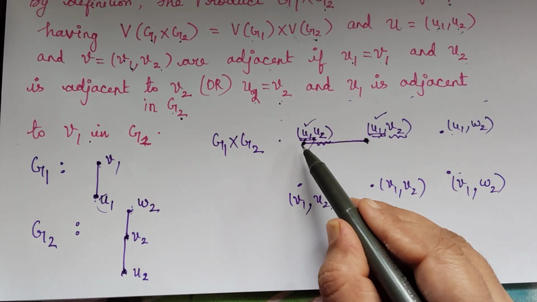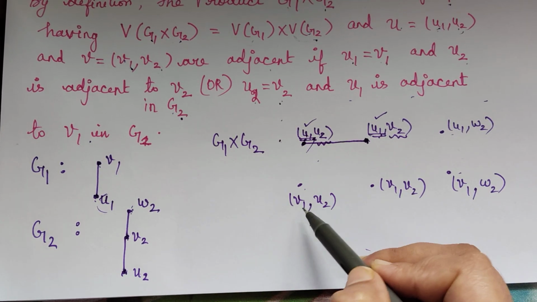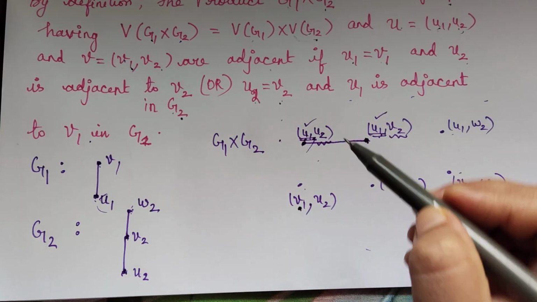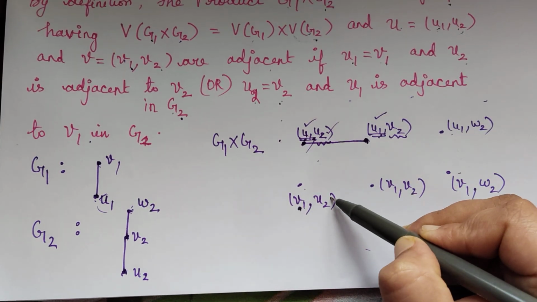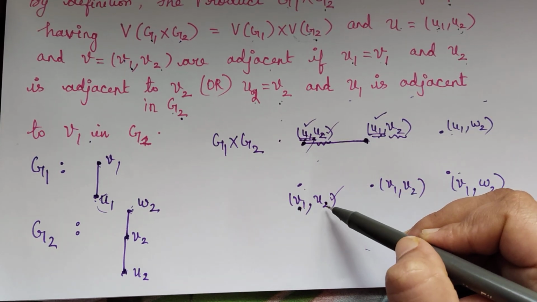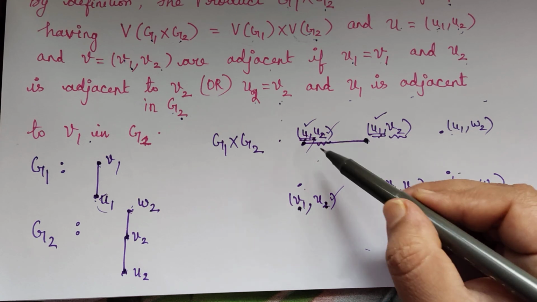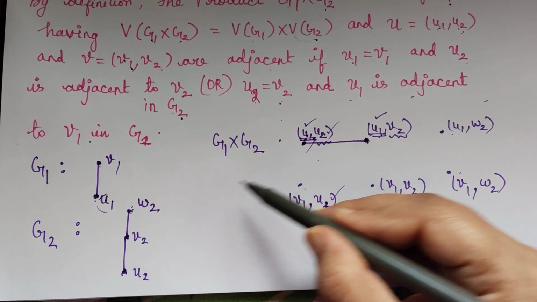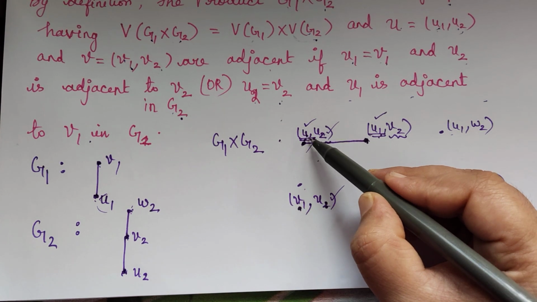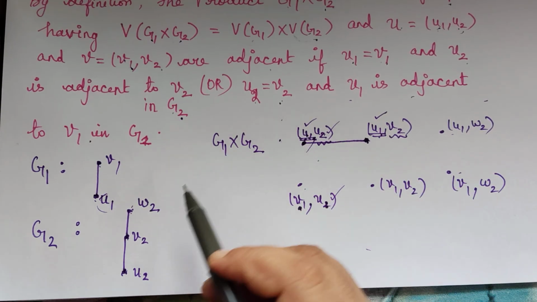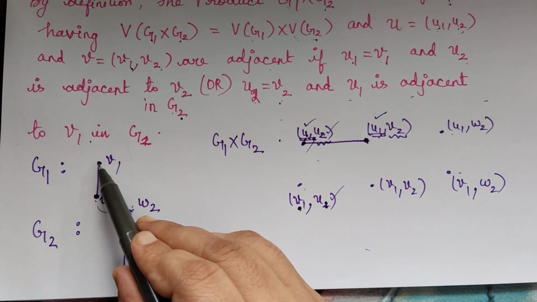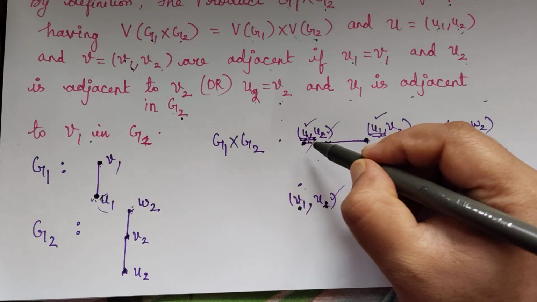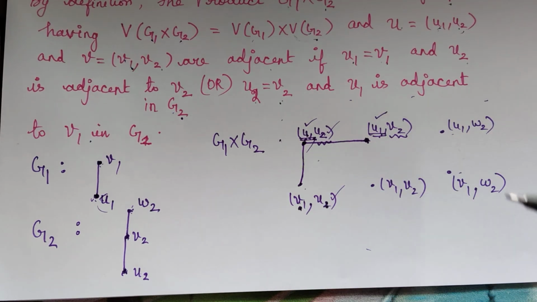Now check these 2 points: u1 and v1 are not equal, but u2 and u2 are equal. If these two are equal, we should check whether this pair, u1 v1, is adjacent in this graph. Yes, they are adjacent, so immediately here also they will be adjacent.